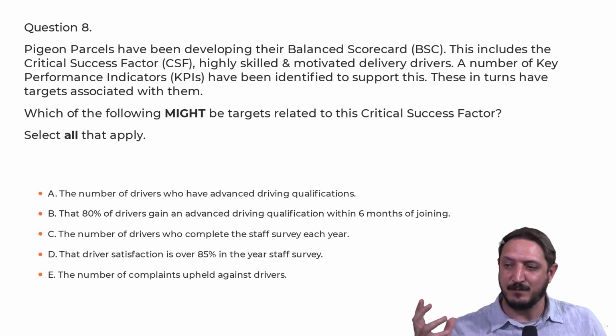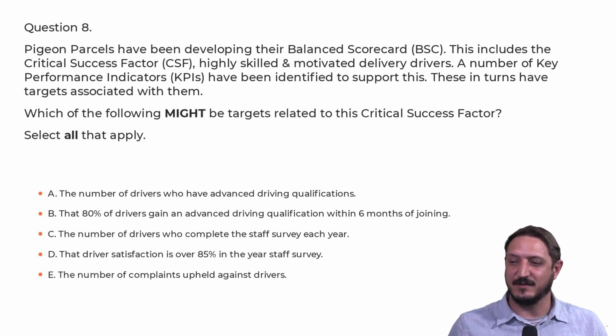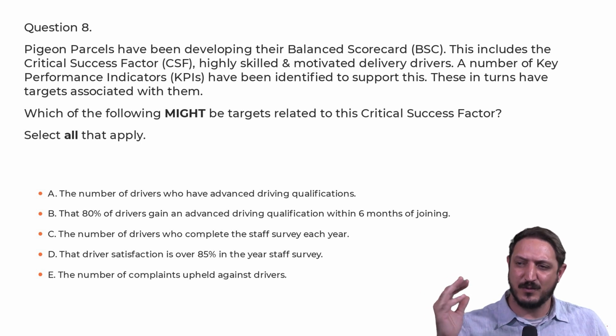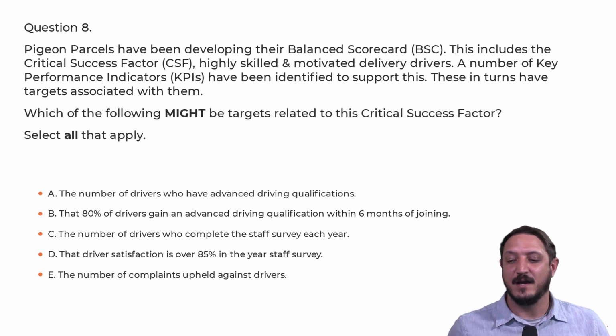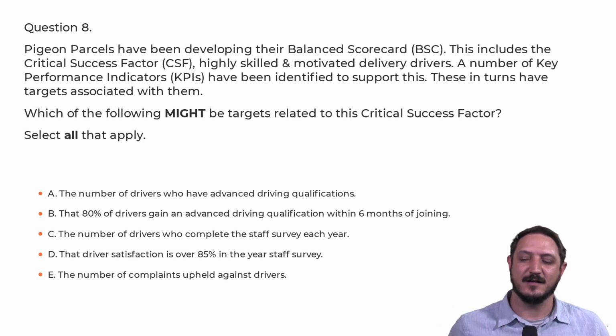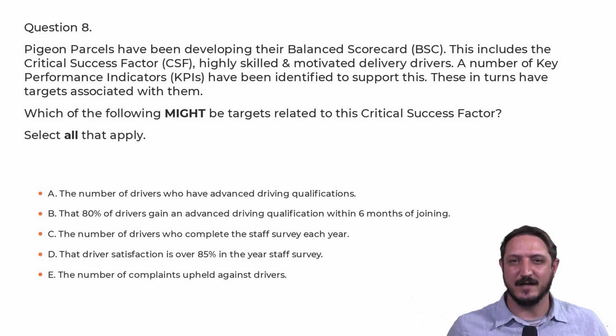And E is the number of complaints upheld against the drivers. They don't have any specific numbers in them, but they're telling us how we're going to be measuring it in a quantitative way. So those three, A, C, and E, are way more likely to be KPIs rather than targets. So what is a target then?